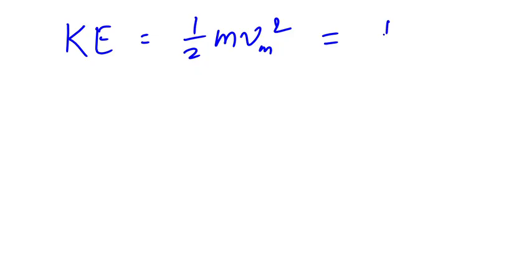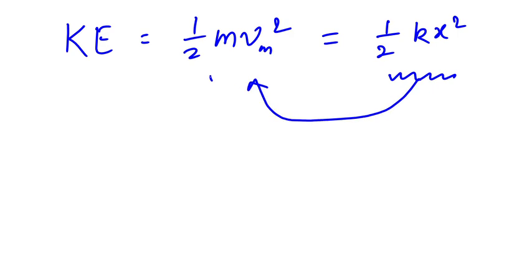At this point, the kinetic energy will be 1 by 2 mvm square, and this will be numerically equal to 1 by 2 kx square, because this much energy the system had initially, and then it is giving rise to the kinetic energy.